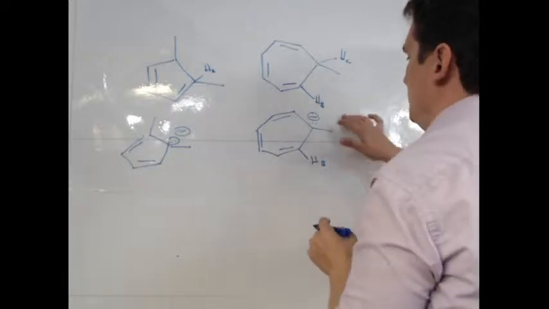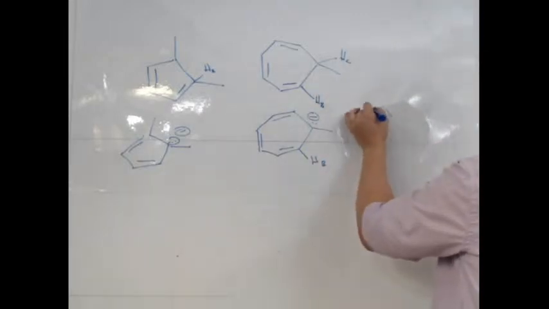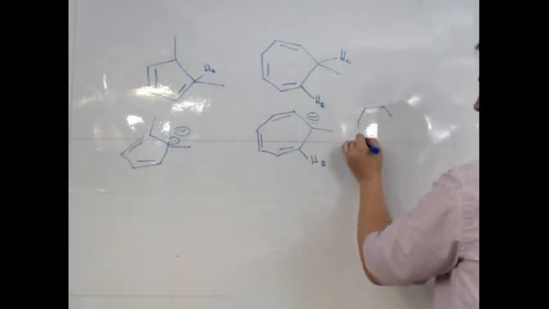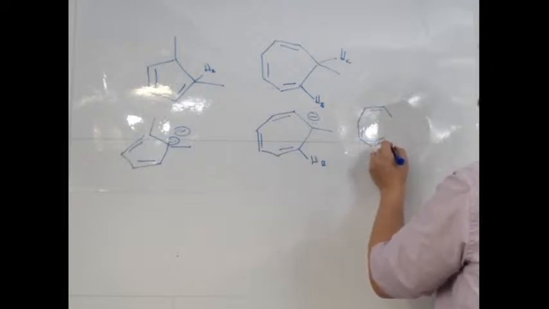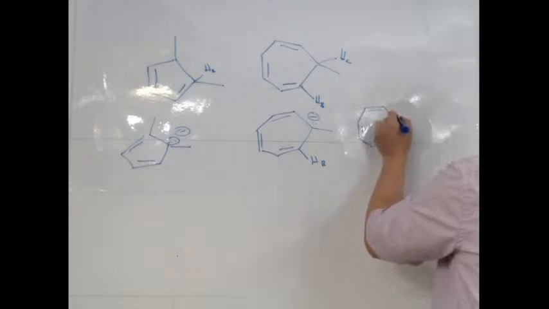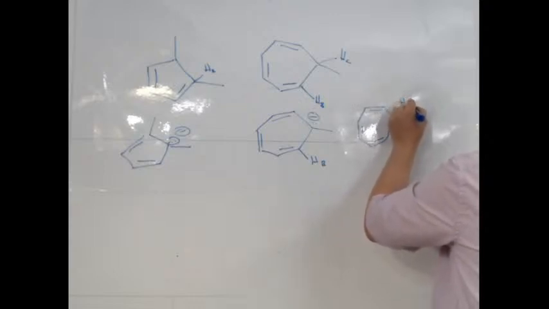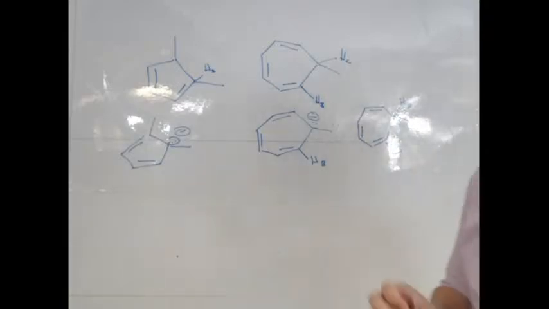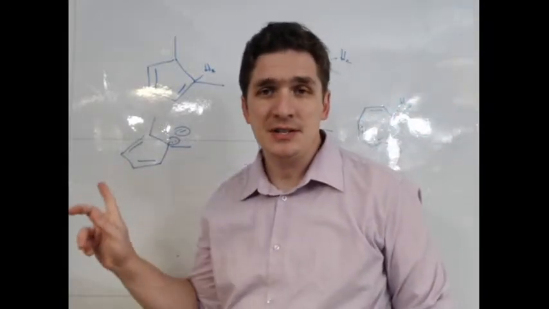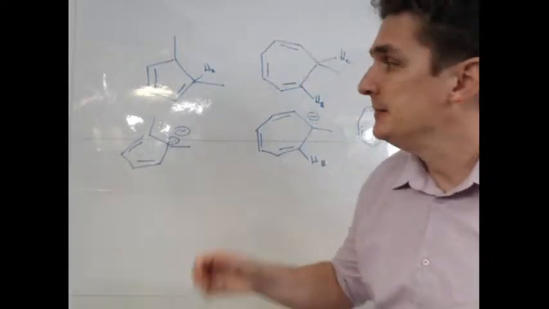If we add HB, this is really hard to draw, a 7-member ring, we get this carbanion. Now, you should start to see something when we remove HA.